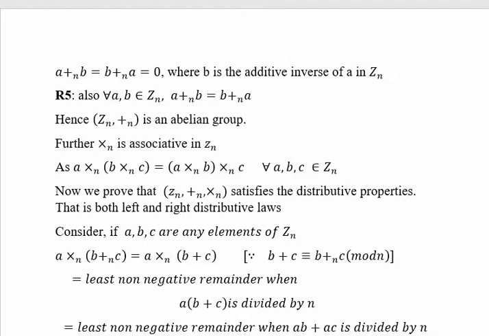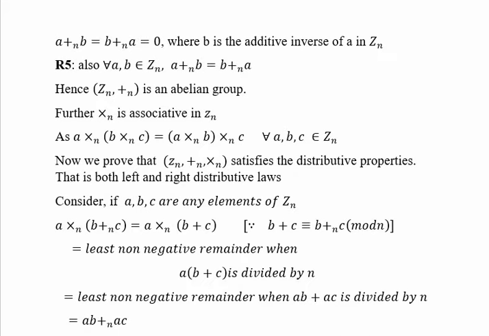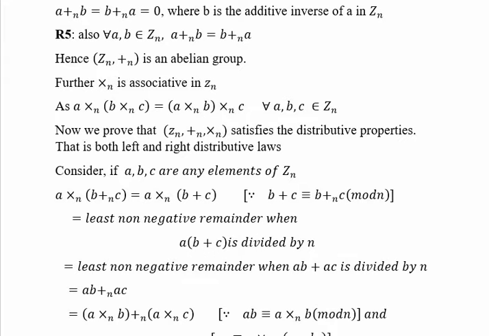Since we all know that in the regular set of integers distributivity is satisfied, A into (B + C) is also equal to A into B plus A into C. So this will be equal to the least non-negative remainder when A into B plus A into C is divided by n.